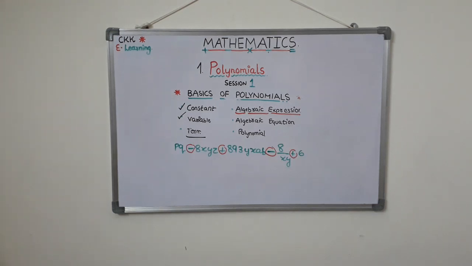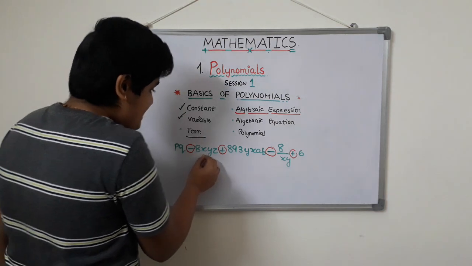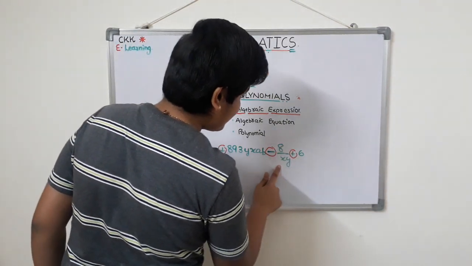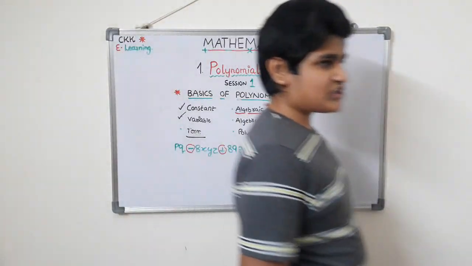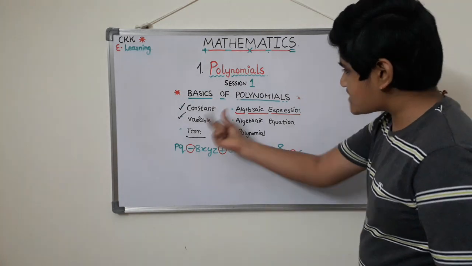See, now here I have given an example. You can see very clearly PQ minus 8xyz plus 893yxab minus 8 by xy plus 6. This total is called an algebraic expression. So these all are terms. I have told you what is the meaning of term.